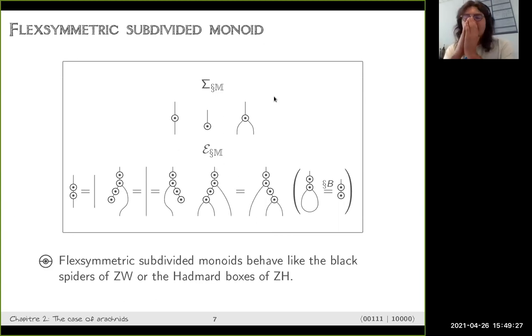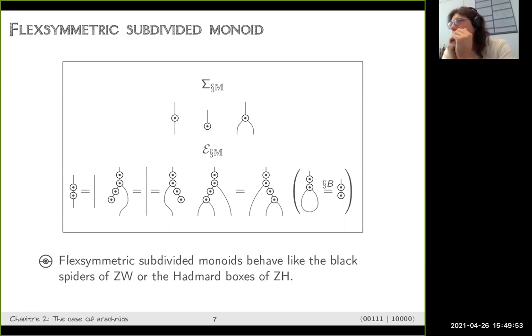So I think it's kind of known that if you start with the monoid, the AND gate, you have a monoid, but this monoid is not flexsymmetric. But it happens, in a kind of mysterious way, that it is flexsymmetric up to dualizers, and the dualizer is exactly the Hadamard gate.